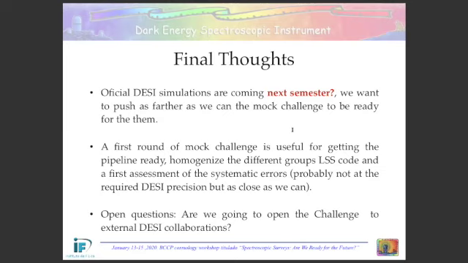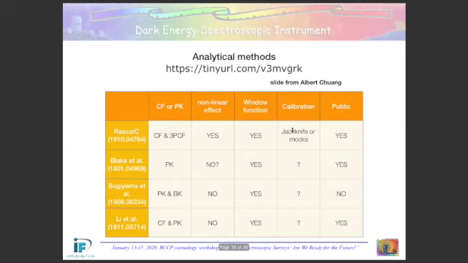Are you referring to analytical methods? Just the covariance challenge. In fact, it's going to depend on the people participating in the challenge. I think there are some public codes, but we don't have people within the collaboration who are probably going to participate in the challenge using those codes.